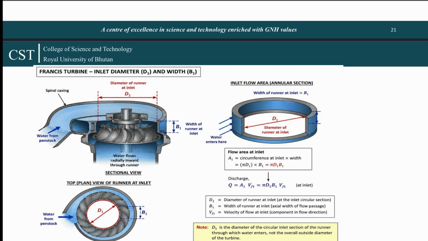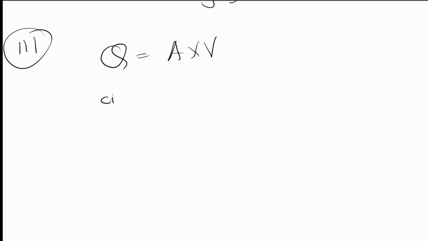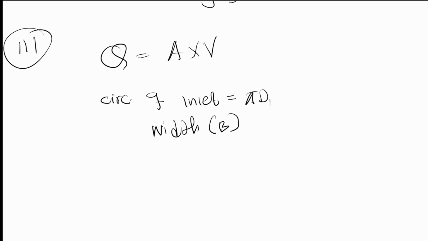So to determine the area of this Francis turbine, we can determine the circumference of the inlet, which can be taken as pi d1. We will also measure the width, which will be taken as b1 if it is at d1. So we get the area by multiplying the circumference pi d1 times b1.